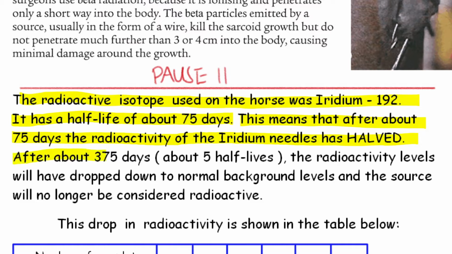After about 375 days, about 5 half-lives, the radioactivity levels will have dropped to a normal background level. Remember we talked about background radiation, and in Pontypridd it is about 17 counts per minute, and the iridium will no longer be considered radioactive.